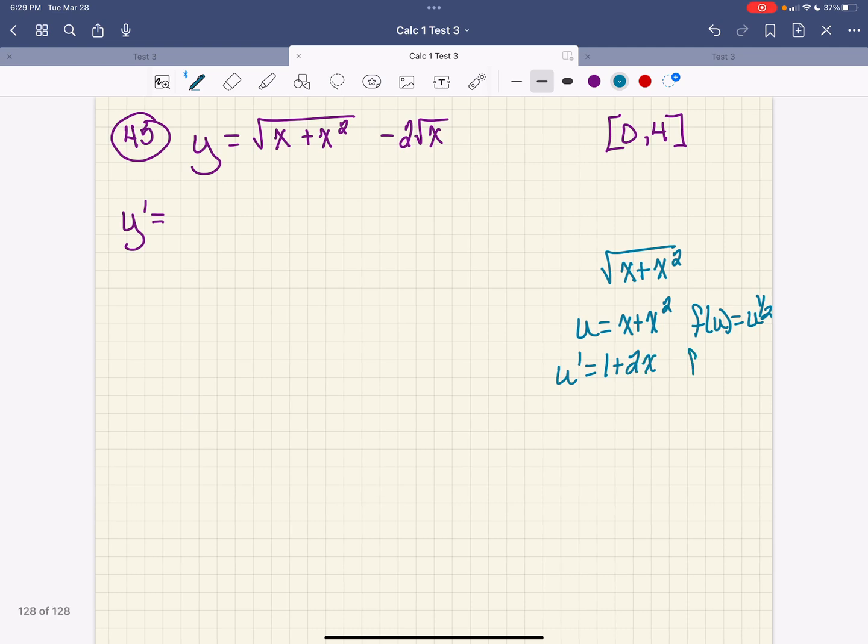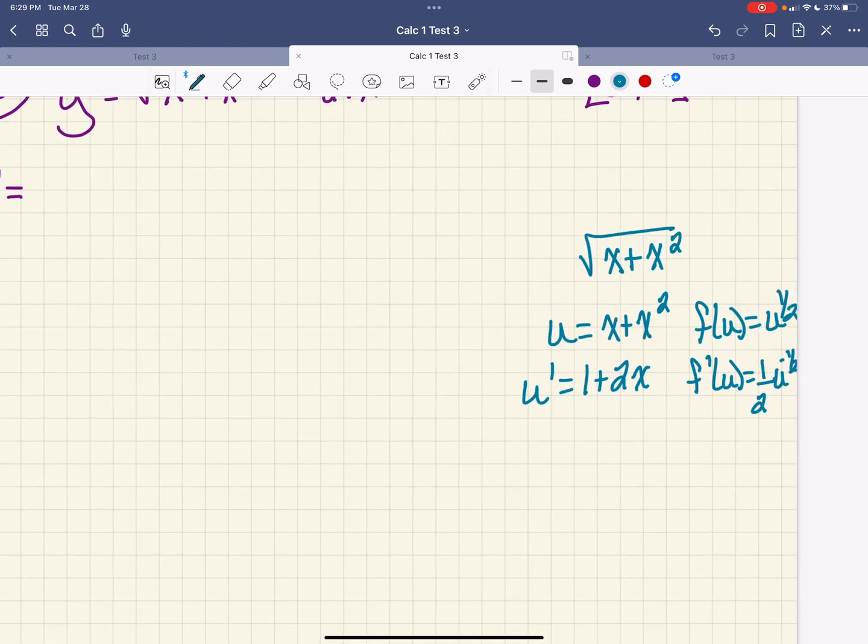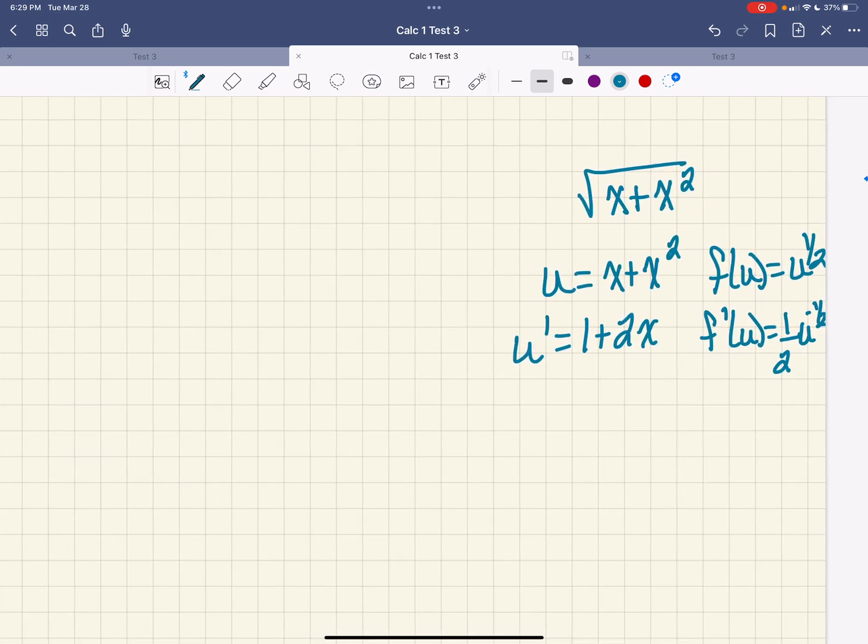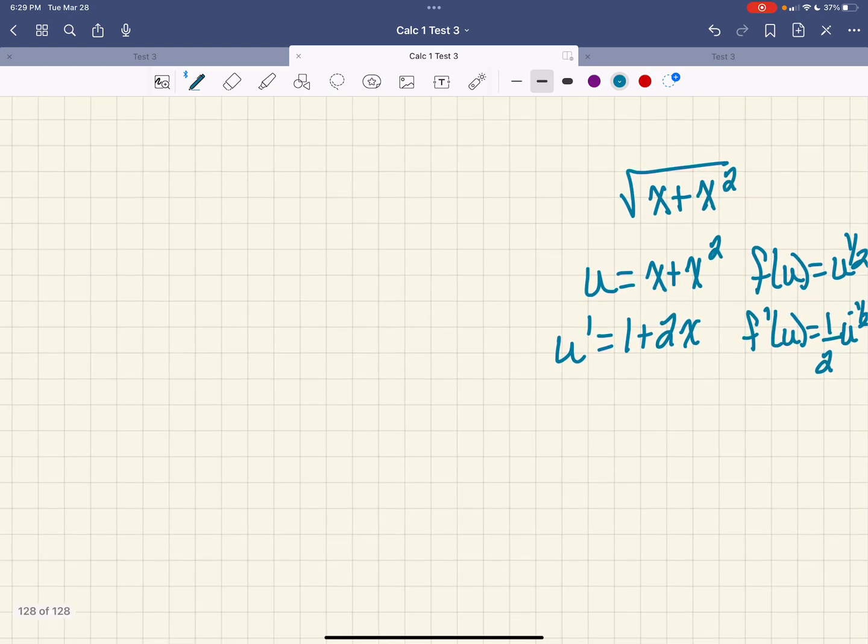Okay, f prime of u is going to be 1/2 u to the negative 1/2. I know I'm writing off to the side there. Sorry about that. So what that means is f prime of u is going to be 1 over 2 on the square root of u in the denominator.